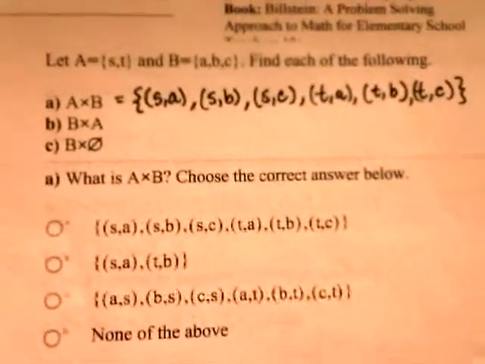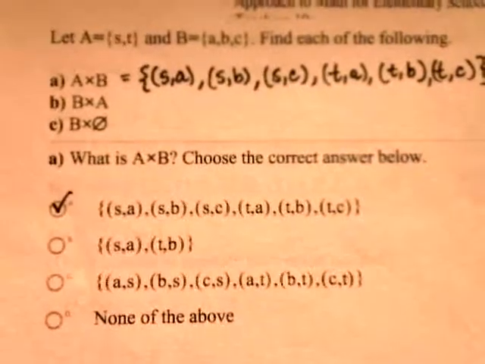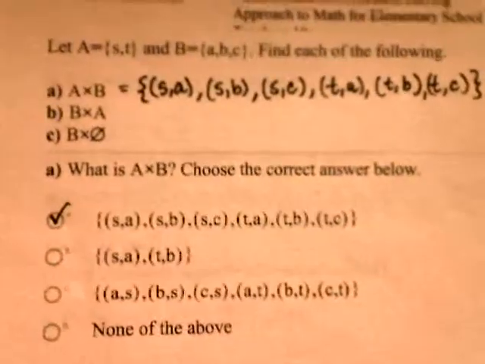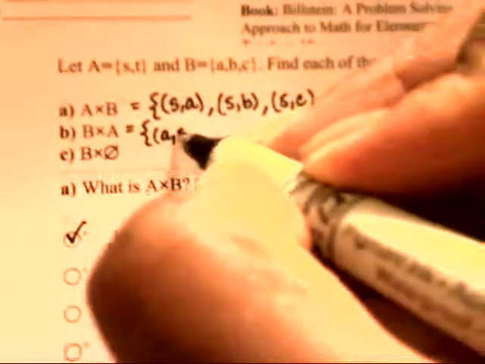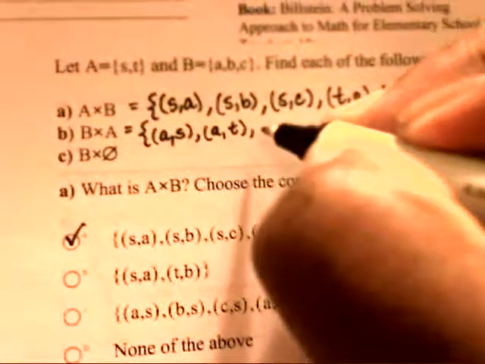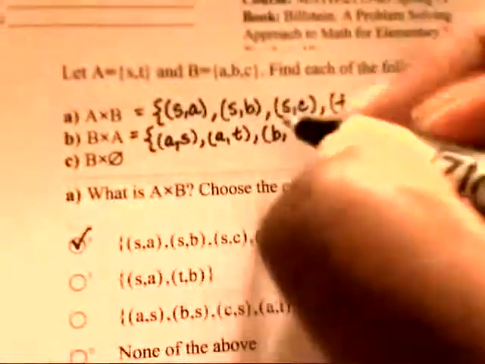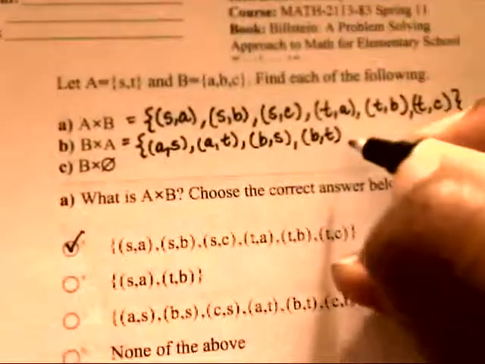So in this case here, pretty much it's going to be a multiple choice here. So here, it will have to be answer A, because we're doing the cross product of A with B. Now in part B, you're doing the cross product of B with A. So now, this time, B is going to be paired with each and every element of A. So that means A is paired with S, and A is going to be paired with T. And then B will be paired with each element in A, so B will be paired with S, and B will be paired with T as ordered pairs.